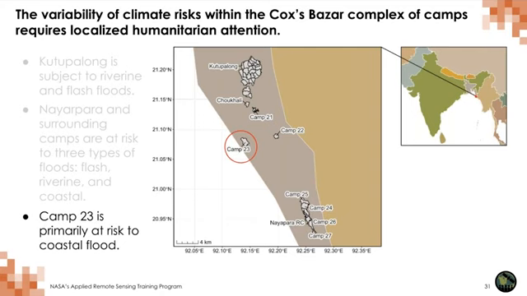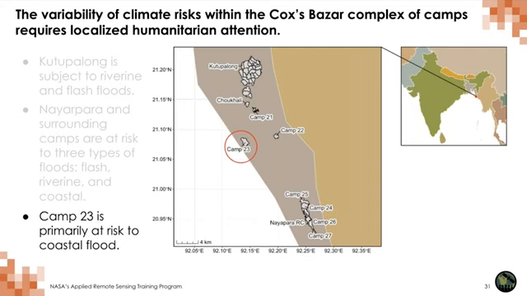But the main takeaway of this section is that, many times, the situation in Bangladesh is generalized to say the refugee camp, or these are the hazards. But actually, when we're talking about populations, there are thousands of refugees in each of these camps.